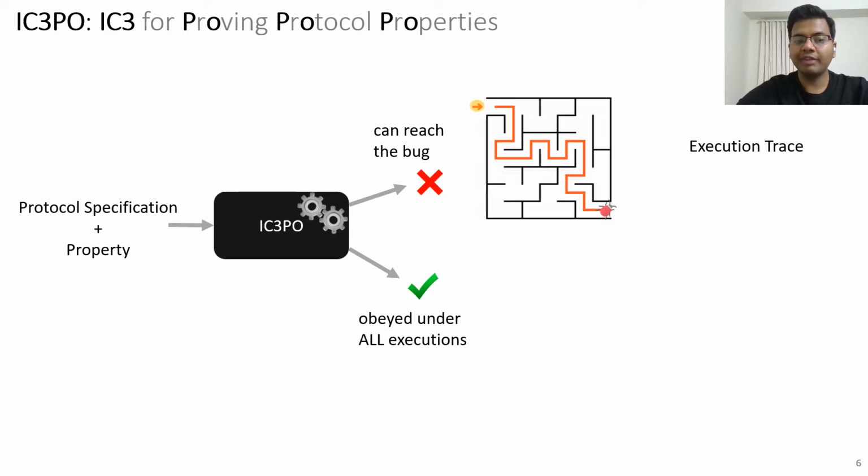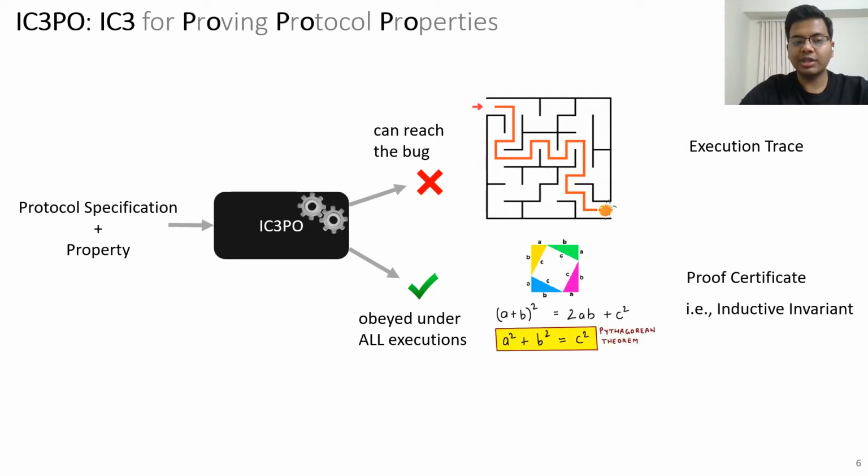If the property can fail, IC3PO produces a counterexample trace that shows how to reach the bug from the starting point. If IC3PO says everything is OK, we also get a proof certificate, that is, an inductive invariant that mathematically explains why the protocol always obeys the property. And both the counterexample traces and proofs can be checked independently to guarantee provable correctness.